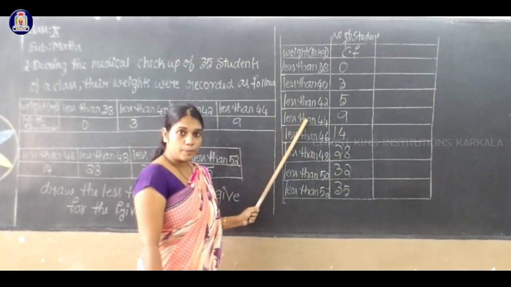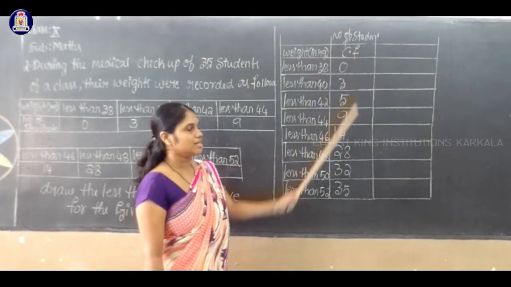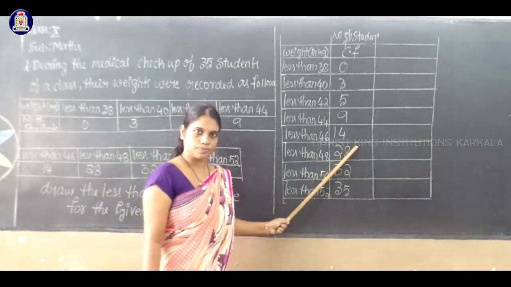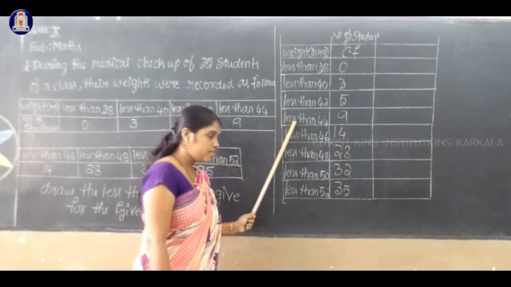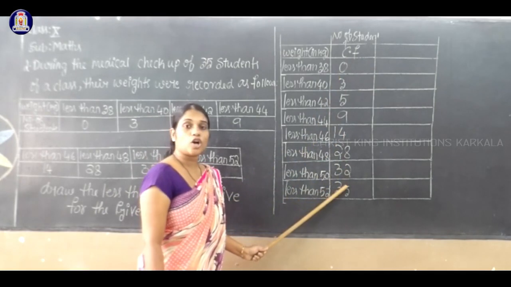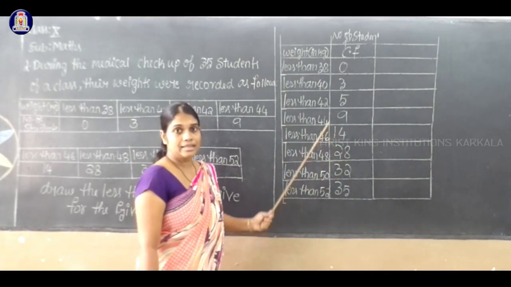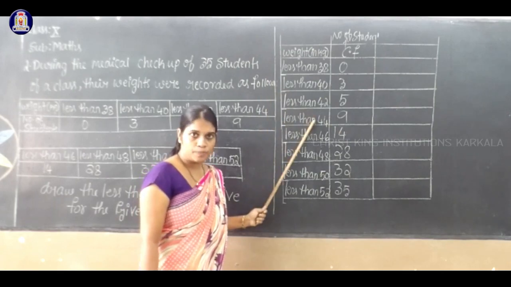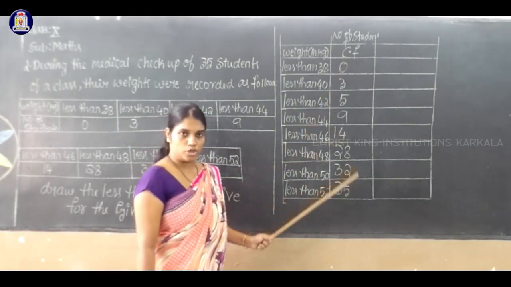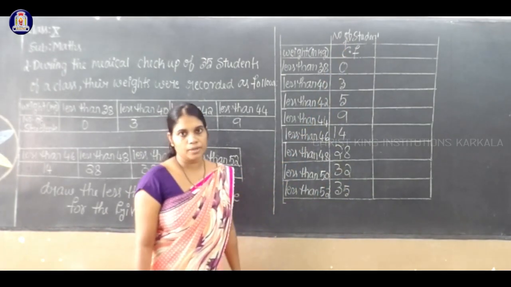Suppose your first column is about class interval, then your second column is a frequency value. But if your first column is less than something, then your second column is a CF. Sometimes instead of less than, they might give more than also. During that situation also it is the same cumulative frequency. Understood now? So here the second column value is a cumulative frequency.